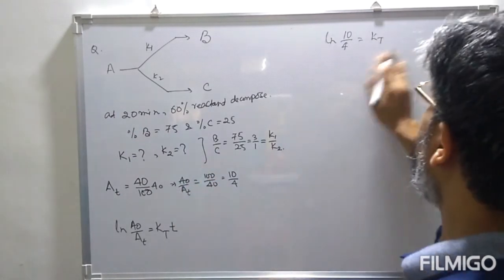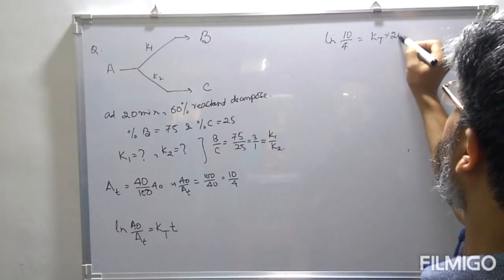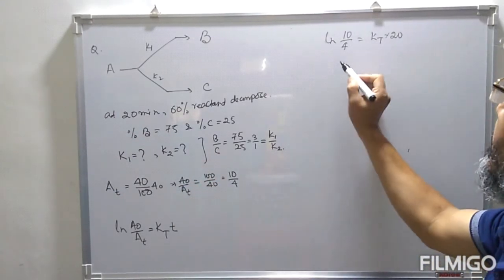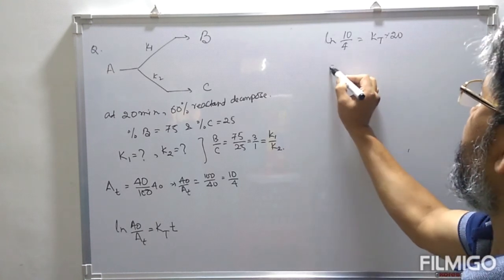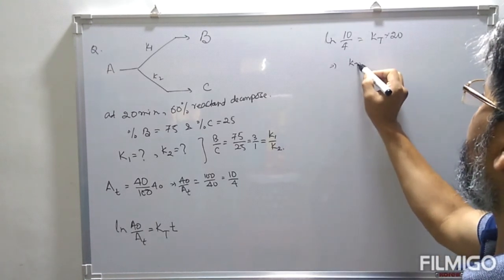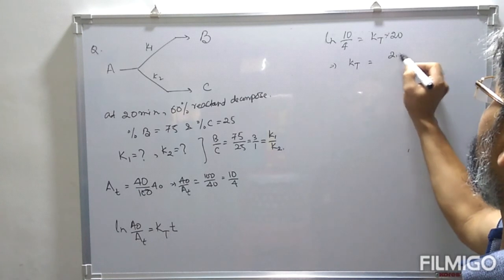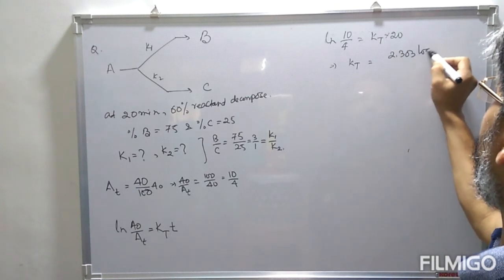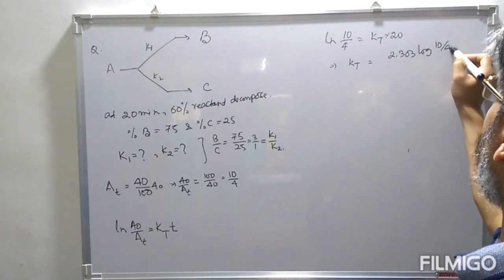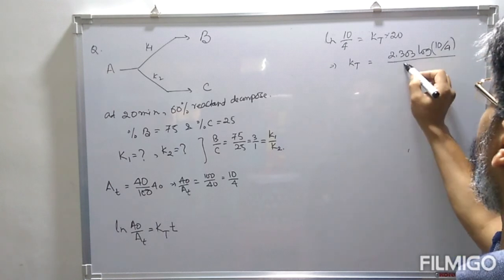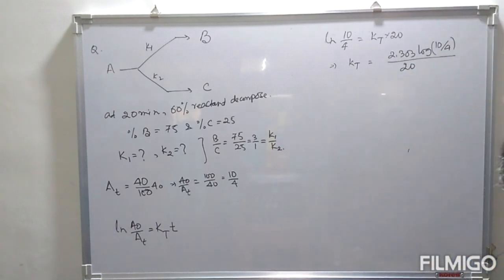Time is given as 20 minutes. Or we can say Kt is equal to 2.303 log 10 by 4 divided by 20.